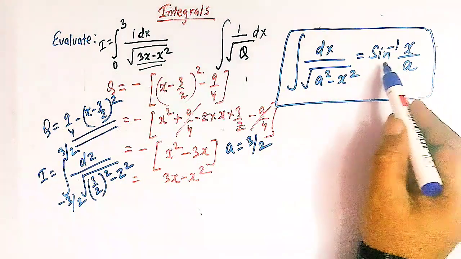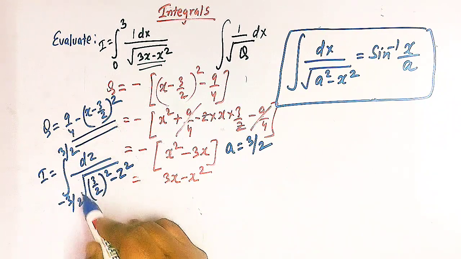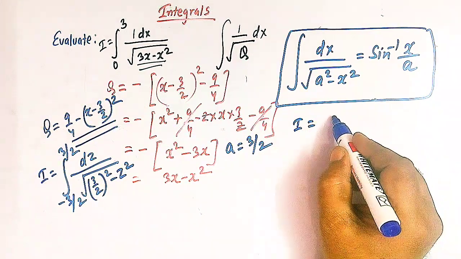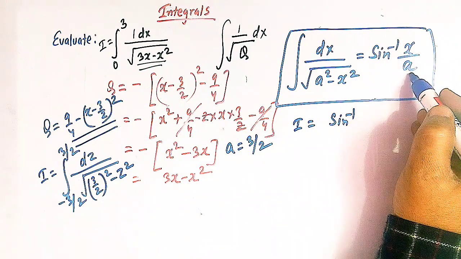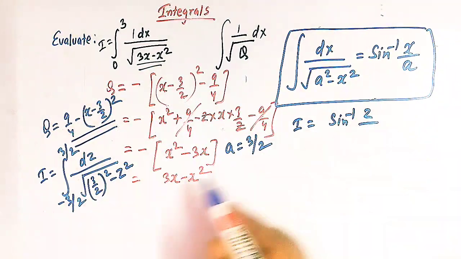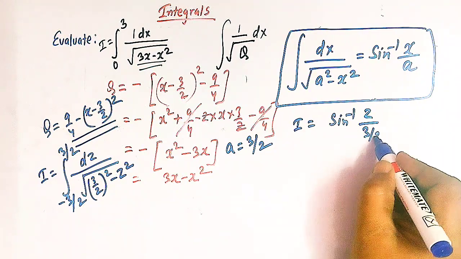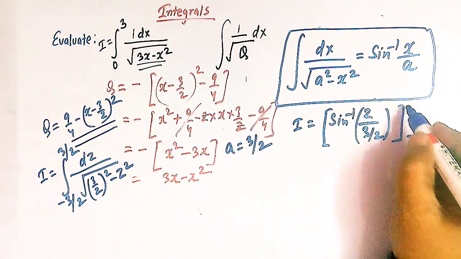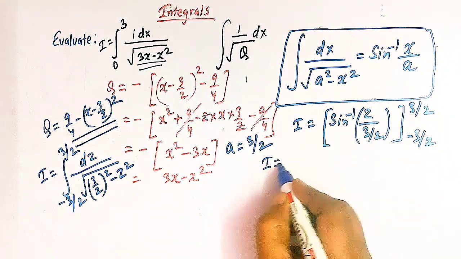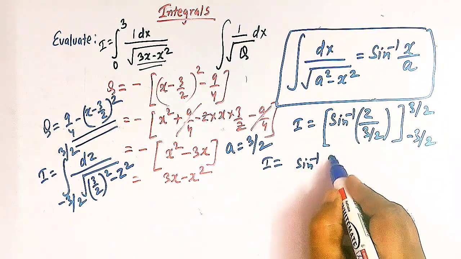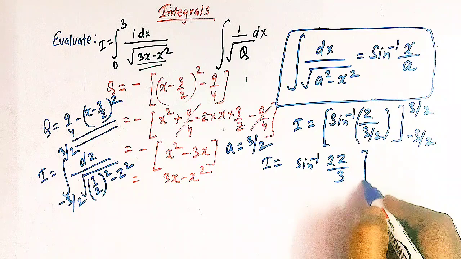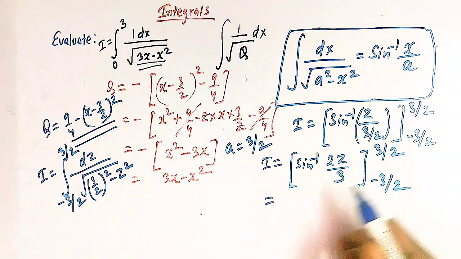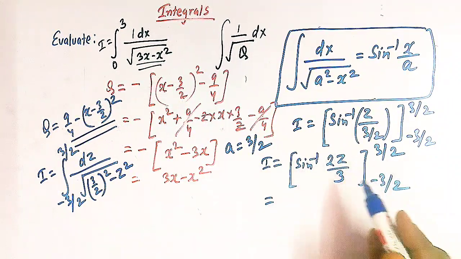So the integral dz over square root of 3 by 2 square minus z square is given by sine inverse z over 3 by 2, and the limits are from minus 3 by 2 to 3 by 2. So I can be written as sine inverse 2z over 3, with limits from minus 3 by 2 to 3 by 2. Now substituting the limits, we'll take the difference.